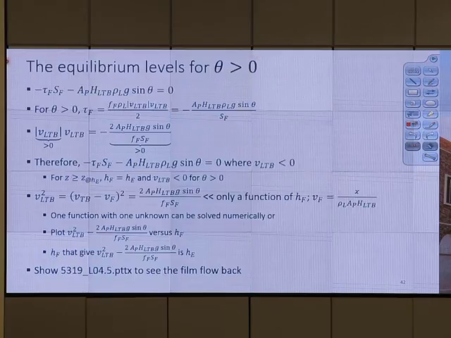It's only for the case where theta equals 0. If theta is not 0, the Dukler and Hubbard model doesn't work. Even though they have theta in their equation, it doesn't work. It is only for horizontal.